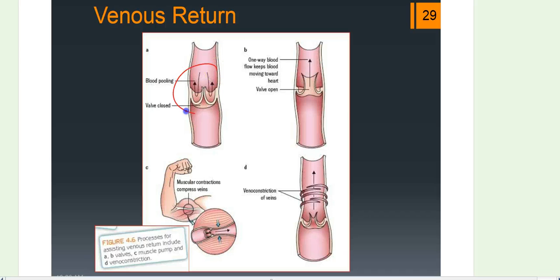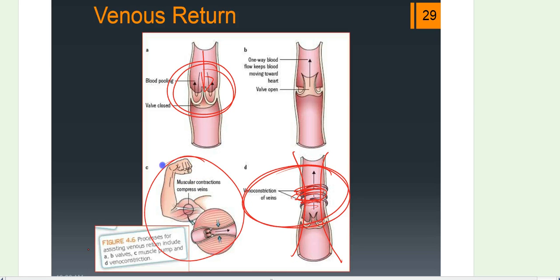The first is that the veins have valves in them. This just stops a backflow of blood. The second one to look at is vasoconstriction of veins, meaning that the tissue that surrounds our veins constricts, narrowing the vein itself, so making it harder for backflow.